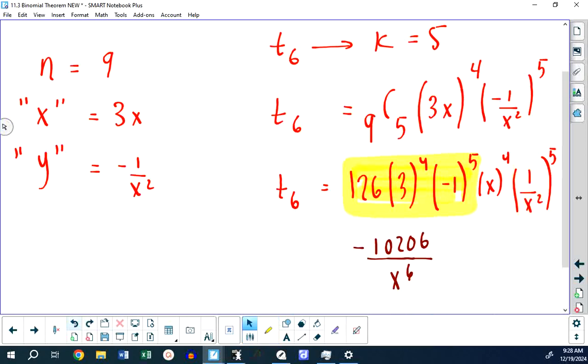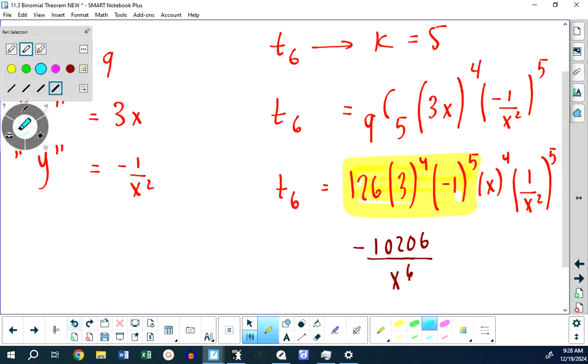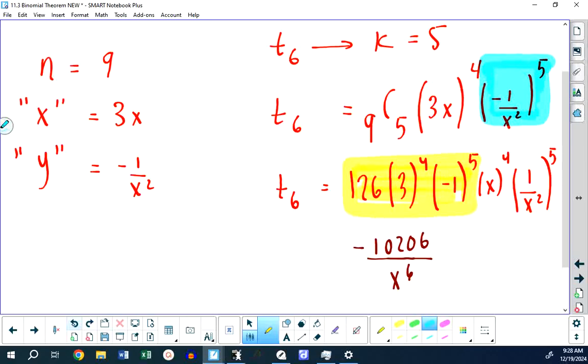What I have done is I've taken my y raised to the k, and I've said that negative 1 over x squared all to the 5 is the same as negative 1 to the 5 times positive 1 over x squared raised to the 5.